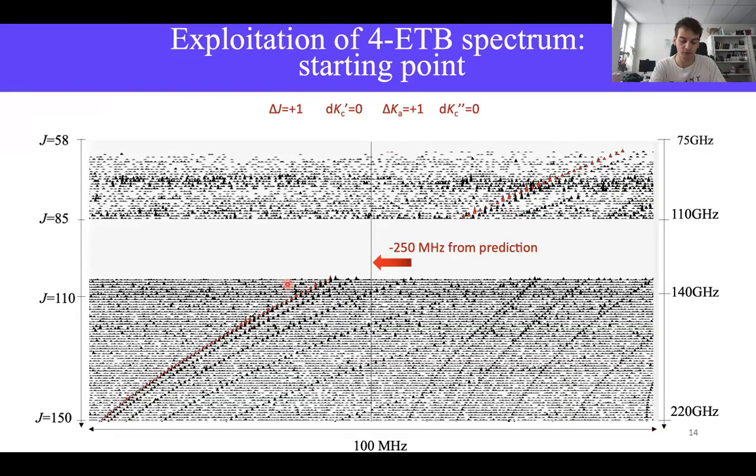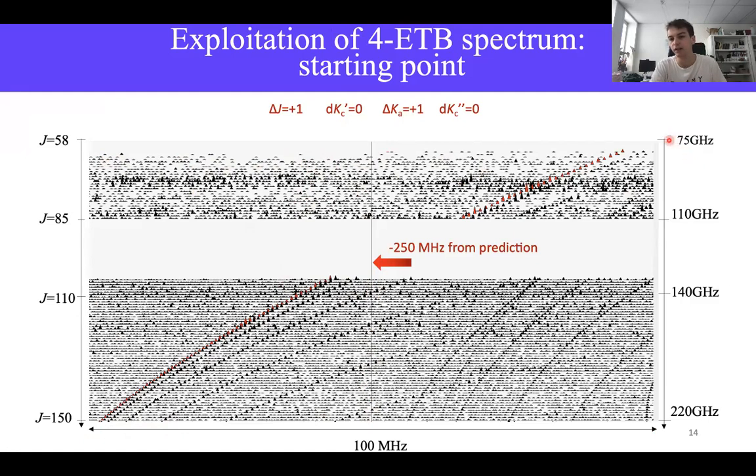So here's the window of LLWP at the beginning. You have segments of spectra one above the other. Here's the spectra obtained with the chirped-pulse spectrometer, and here is the spectra obtained with the multiplication chain spectrometer. Each segment is a 100 megahertz segment.